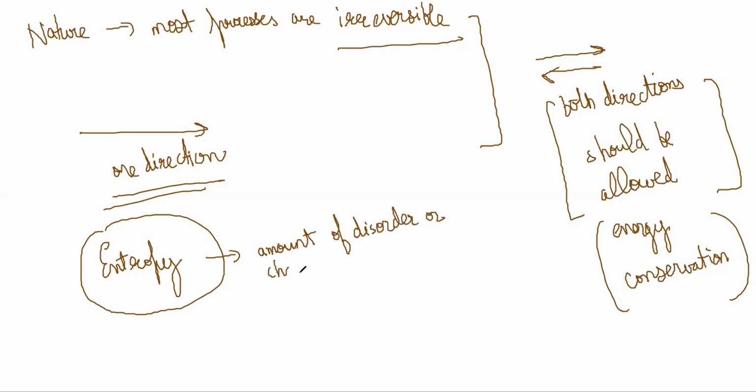Now, a normal question is, how can you measure something like disorder or chaos? Even if you say there is something like entropy, eventually you'll have to measure it, right? We will come to that in a bit. But right now, just know that people figured out that there is something called entropy, which is important to figure out which direction will happen and which will not happen.